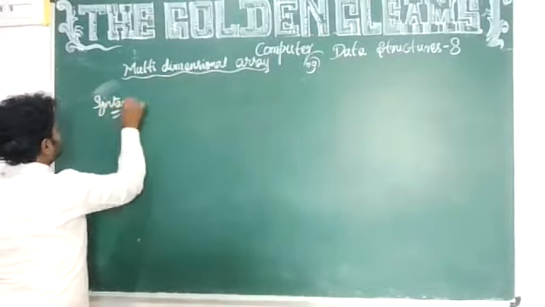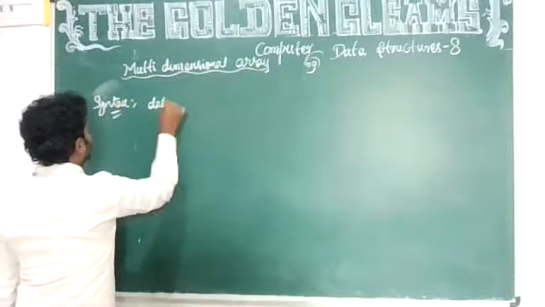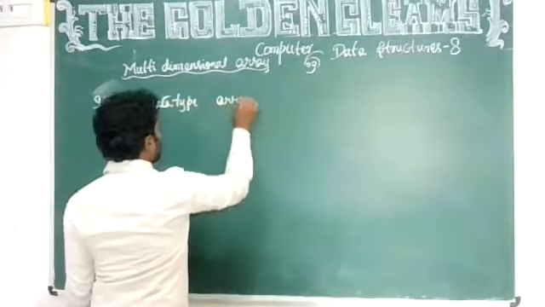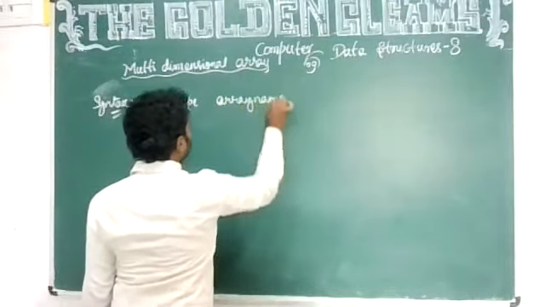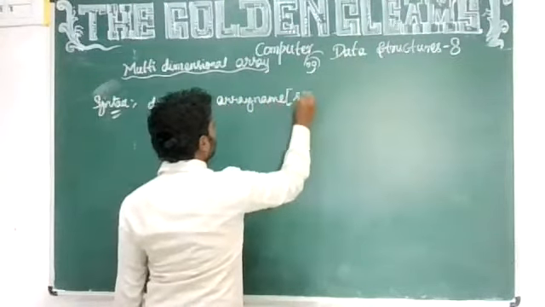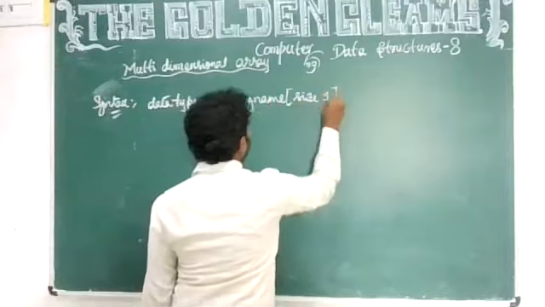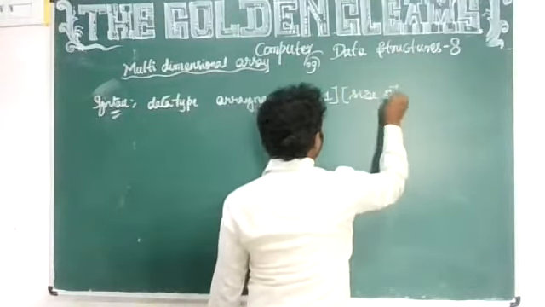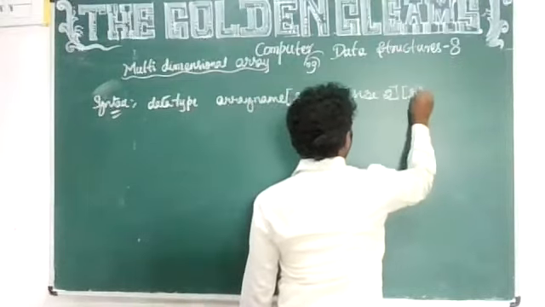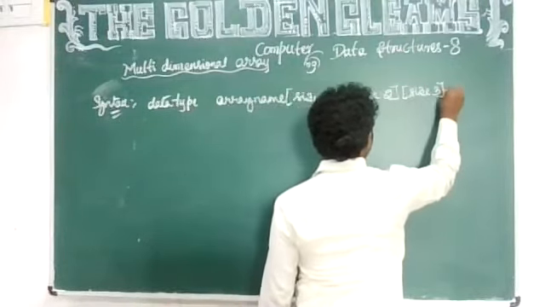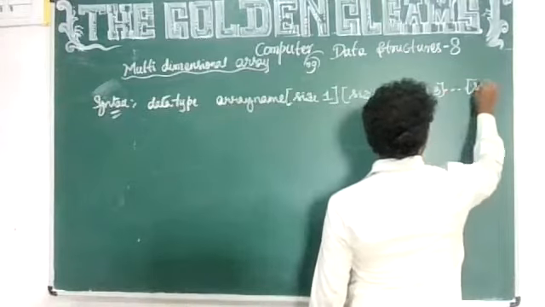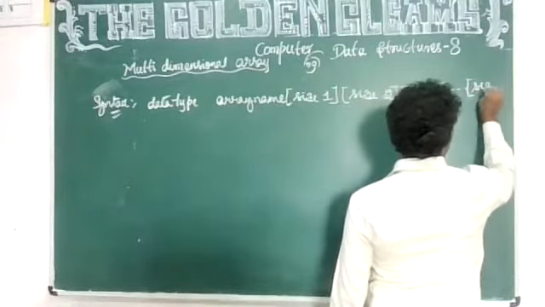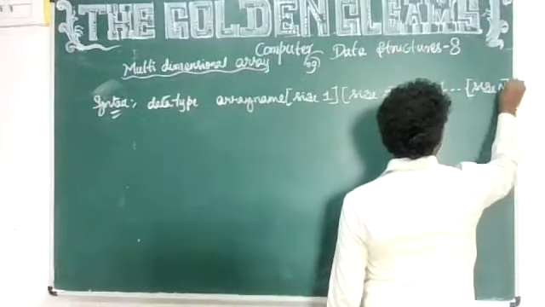Syntax: first preference we have to give for data type, then array name, and then size 1, size 2, and then size 3, up to size n.